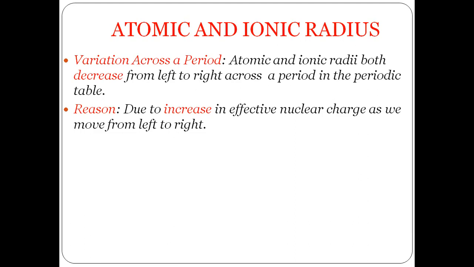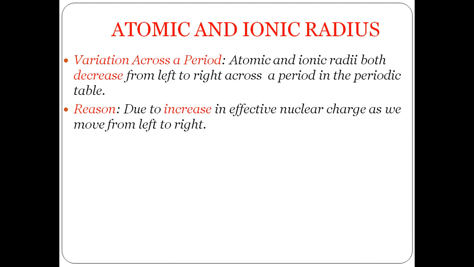Atomic number is nothing but the number of protons in the nucleus. So if the atomic number goes on increasing from left to right, then the nuclear charge also increases. When this nuclear charge increases, the electrons are pulled closer to the nucleus.